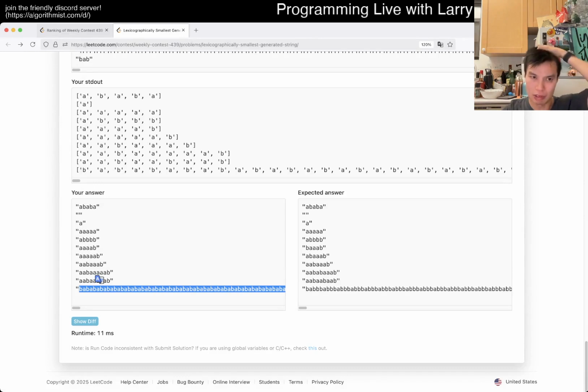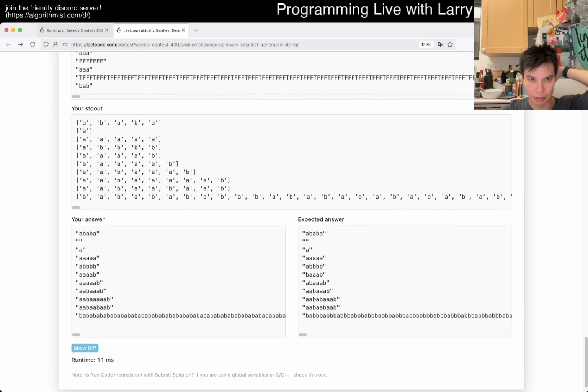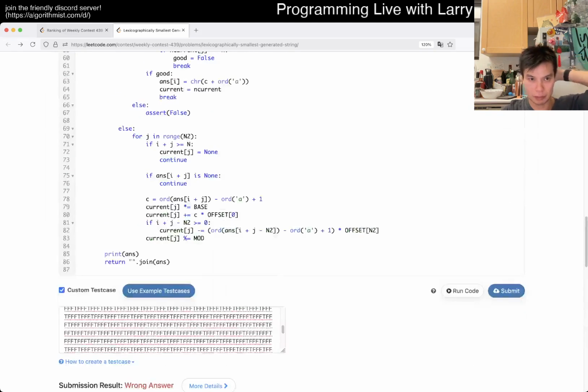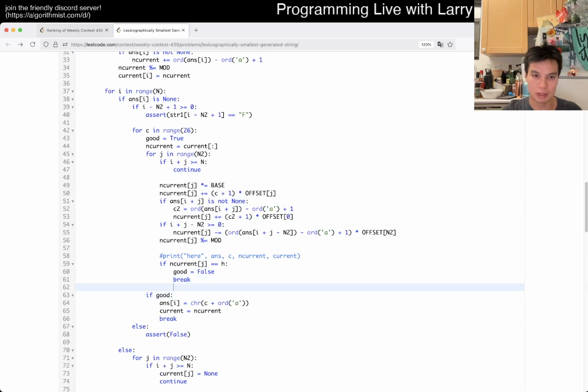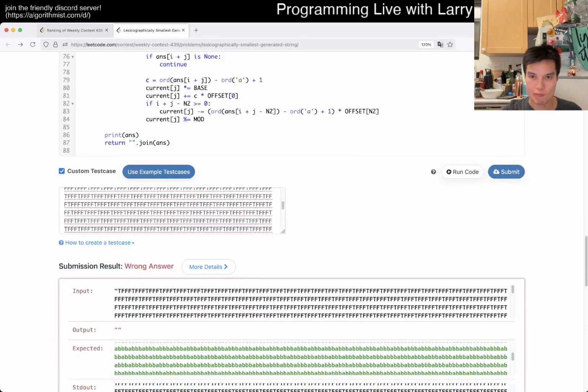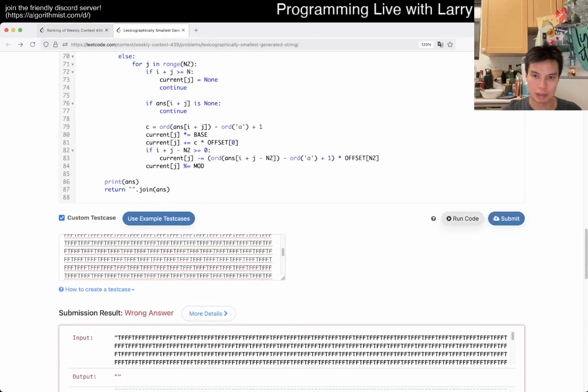Still not right. I was hoping this would be right, honestly. Not even this one. Which is actually somewhat surprising, maybe. I mean, clearly if we're just wrong, then we're just wrong, but let's see. So it optimistically thinks.